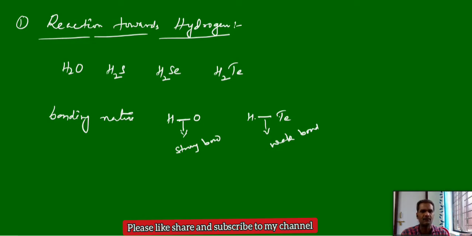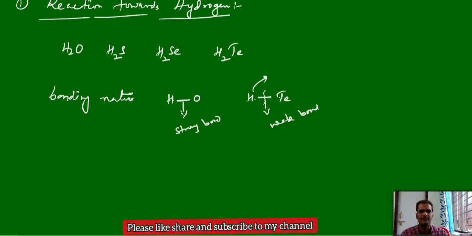The tellurium-hydrogen bond can break very easily, so it can donate hydrogen, H+, very easily. So hydrogen telluride is a stronger acid compared to water. Top to bottom, acidic nature increases. Next, reducing nature also depends on the tendency to donate hydrogen. Again, top to bottom, the hydrogen can be donated very easily, so reducing nature also increases.